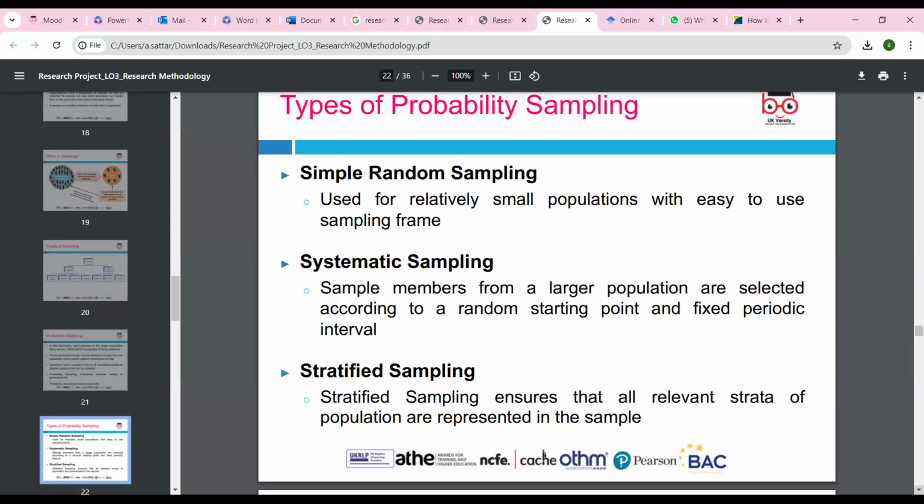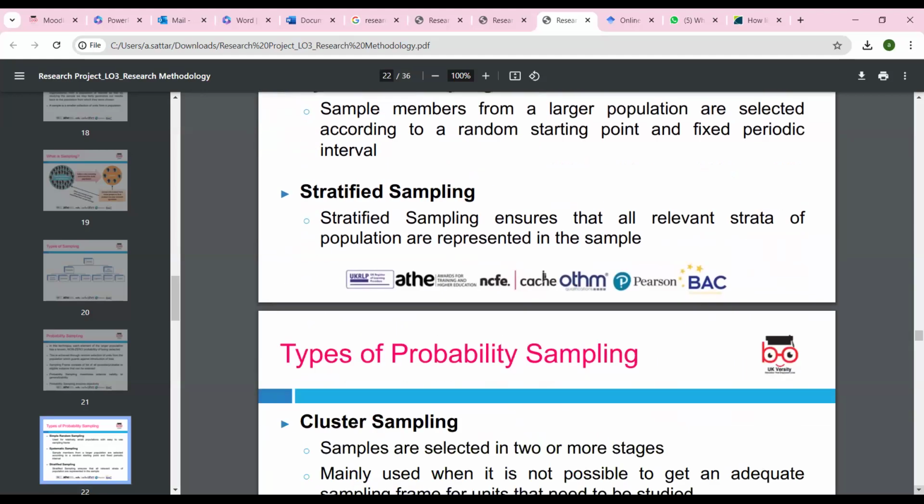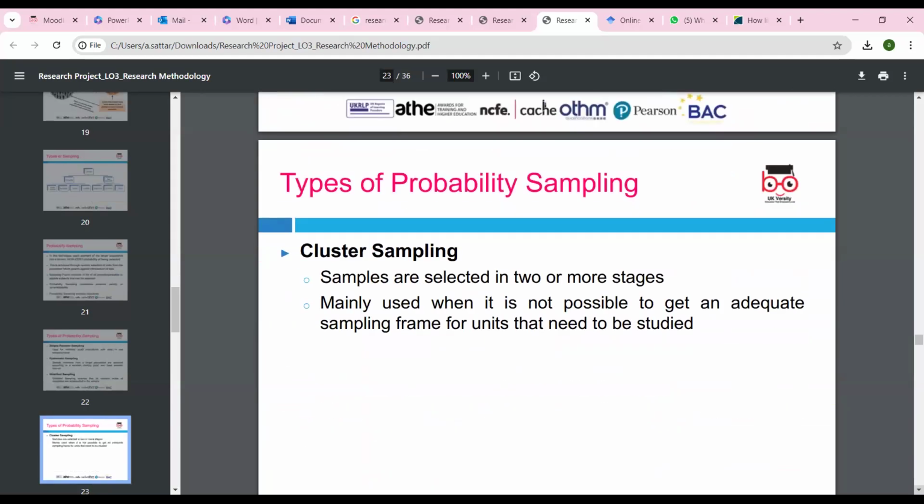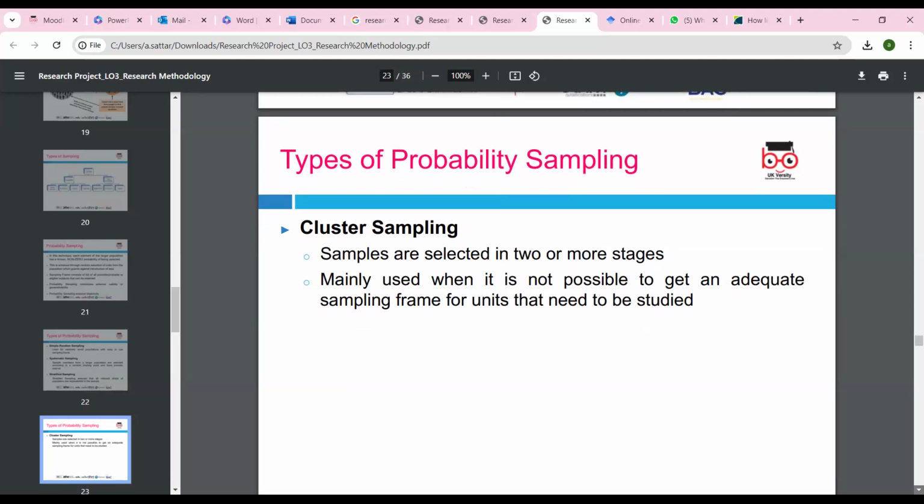Stratified sampling ensures that all relevant subgroups of the population are represented in the sample. Cluster sampling is done in two or more stages, mainly used when it is not possible to get an adequate sampling framework for the units to be studied.